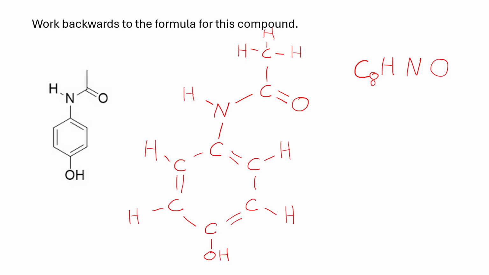And then moving around the ring, that adds 5, 6, 7, 8, and 9. So that gives us a total of 9 hydrogens. There is 1 nitrogen, and there are 2 oxygens. So there is our chemical formula. This compound is acetaminophen. It is the active ingredient in Tylenol.